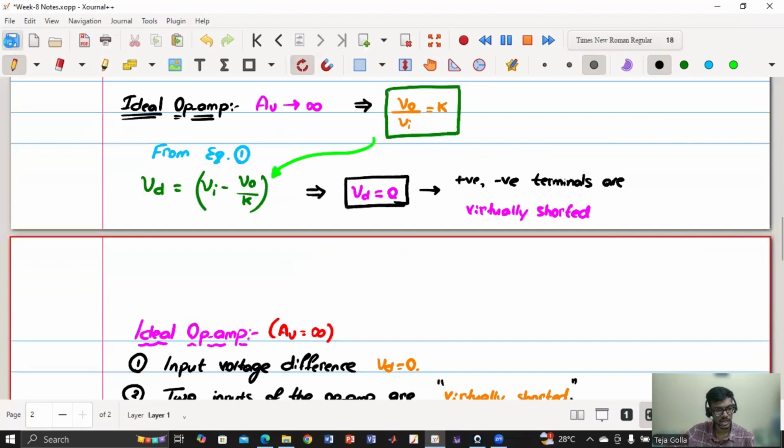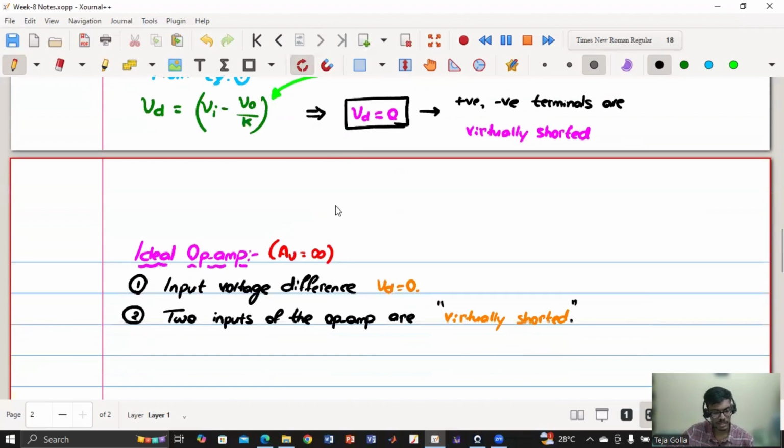Is this clear until this point, or do you have any doubts? Before we move on to the next topic, which is how to find whether it is negative feedback, we'll solve a few problems and see how we have to solve. These are very simple and straightforward basics, but if you have any doubts, you can ask, because these are fundamentally important for the concepts that we are going to learn further in this session.